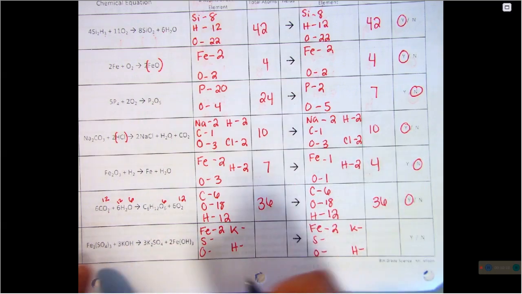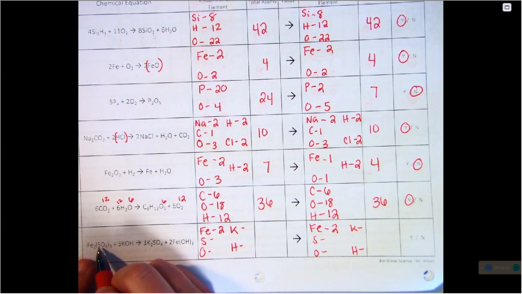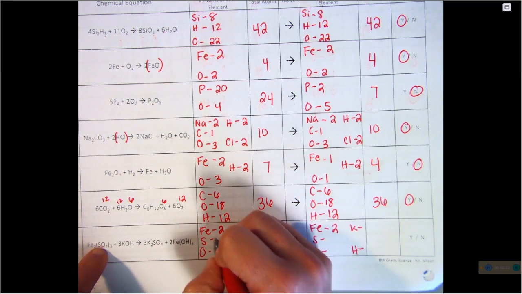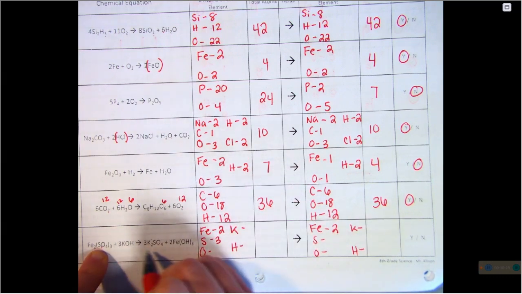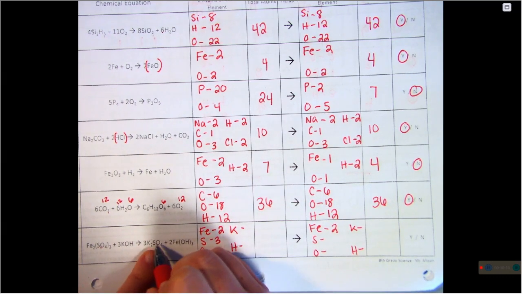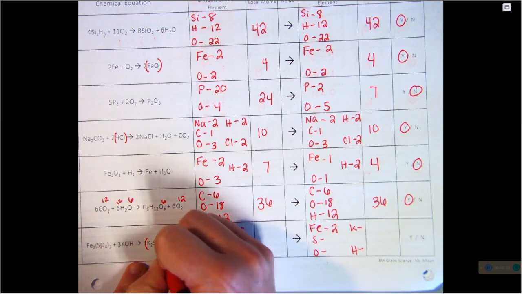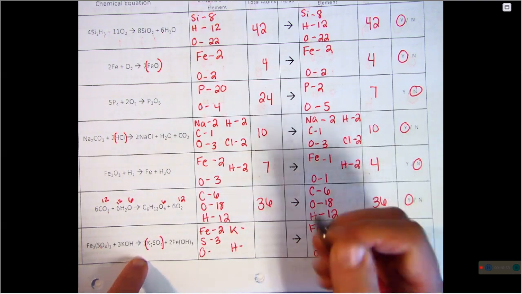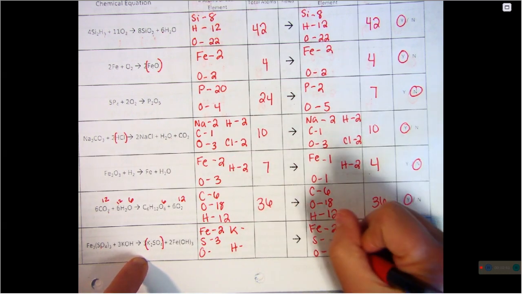That's it. Sulfur, I see 1 here, but there's a 3 out beside it. So imagine we're multiplying. 1 times 3 is 3. I have 3 sulfurs right here. If I go to this side, I have 1 sulfur right in the middle, but I have a coefficient out front. Okay, so imagine it's multiplied. 3 times 1 would be 3 sulfurs on that side.